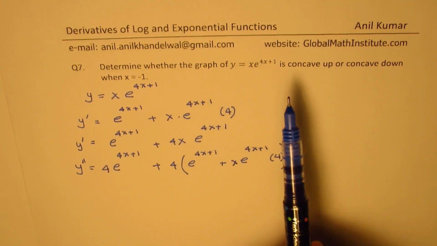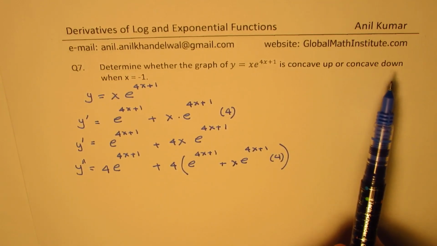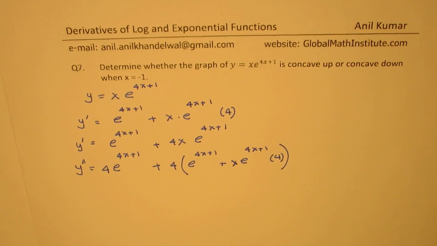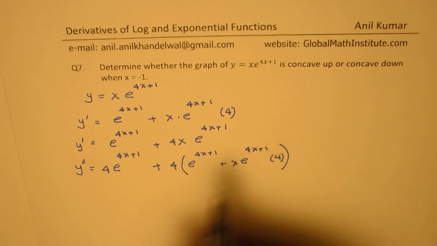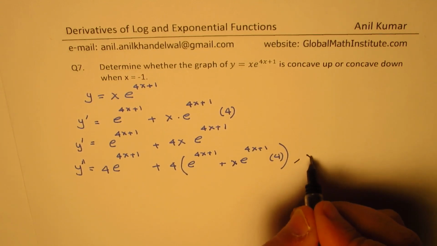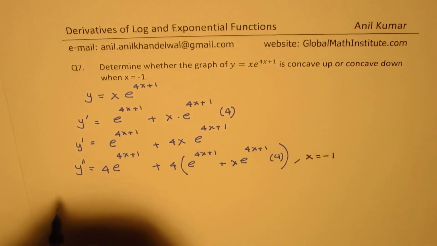Now we need to figure out whether it is concave up or concave down at x equals -1. So let us substitute x equals -1 here. What do I get?